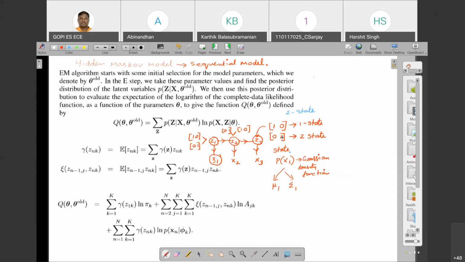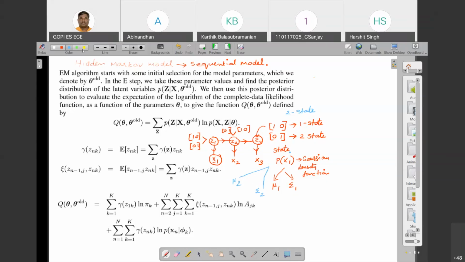Similarly, if it is generated from state 2, then you have the other parameters, mu2 and sigma 2. Sigma 2 is the covariance matrix and mu2 is the mean vector for state 2. In this example, we are considering only two states.